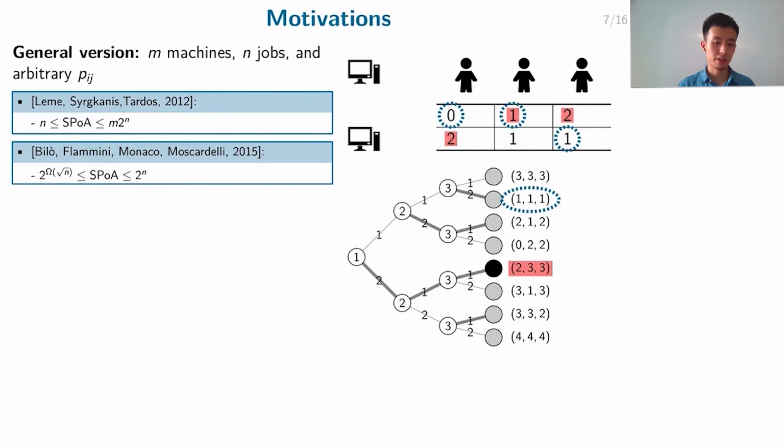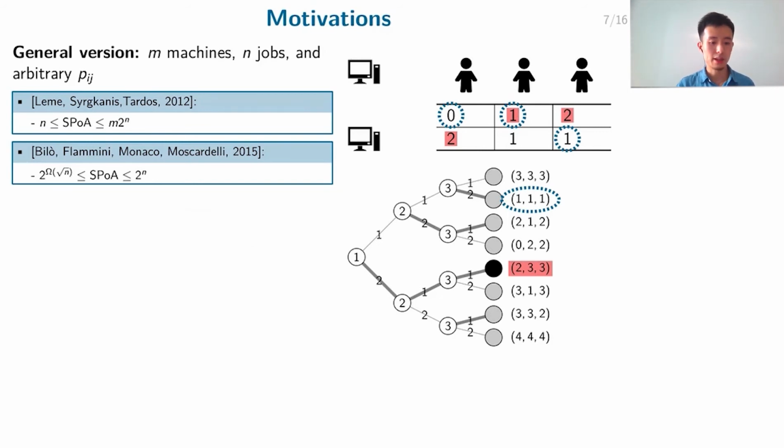For the general version of the scheduling game, where there are m machines and n jobs with arbitrary processing times, research first showed that the sequential price of anarchy is between n and m times 2 to the power of n. Later, the results were improved as follows.